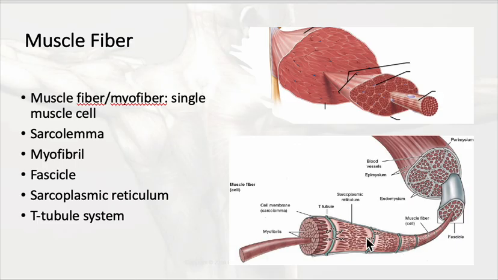That will trigger the release of calcium from the sarcoplasmic reticulum, and calcium will bind to our contractile proteins that exist within the muscle fiber, and we can see them organized here, the myofibrils. These contractile proteins called myofibrils are what facilitate a muscle contraction.